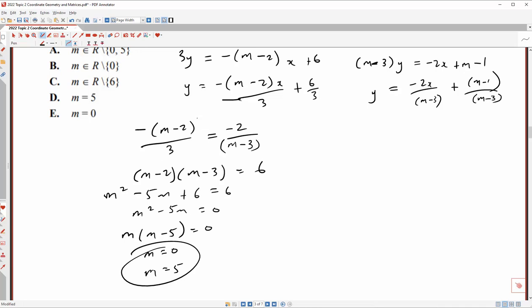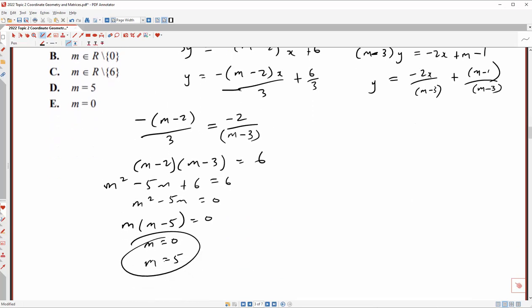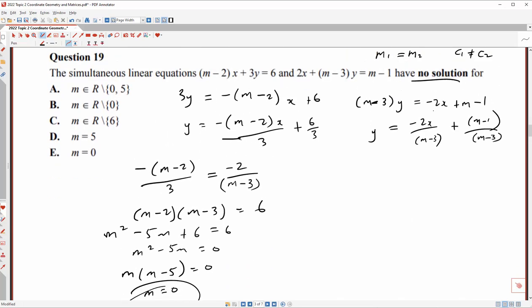Alright, so now that we've found this scenario, it's suggesting that it has no solution for m equals 0 and m equals 5. But what about the y-intercepts? So what we need to do is pair off the y-intercepts and just see what happens here.